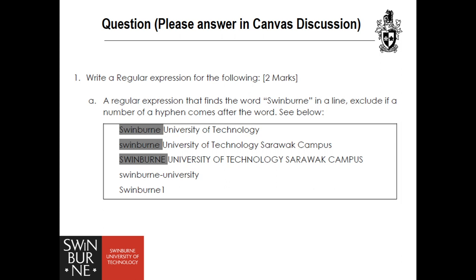This question refers to the previous slide, previous lecture. Even though this question doesn't carry any marks, it relates to the test you will be going for. I will put this inside our Canvas discussion.